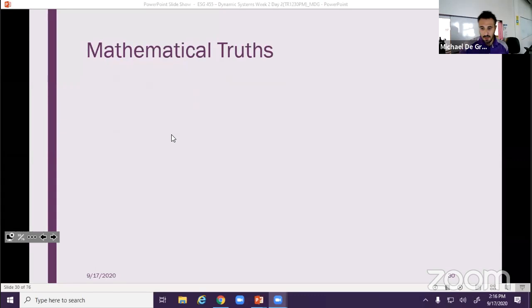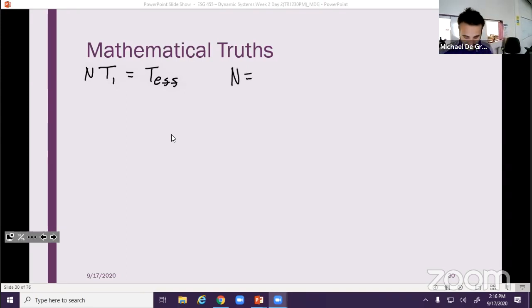Let me go back here. The first mathematical truth that I can write is that the gear ratio times T1 is equal to T effective. Whatever my gear ratio is, there's some torque multiplication going on here. What is the gear ratio?